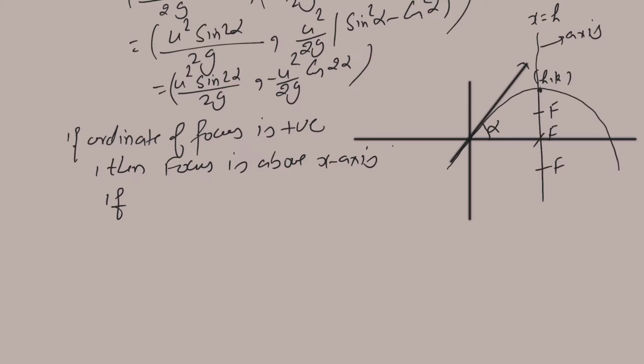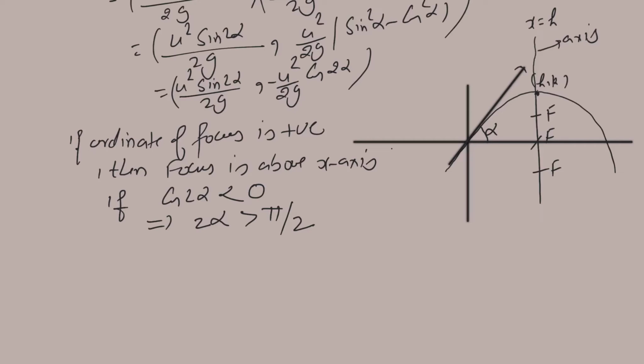If cos 2 alpha is less than 0. And when will it be negative? When 2 alpha is greater than pi by 2, because we know that in the second quadrant cos is negative.